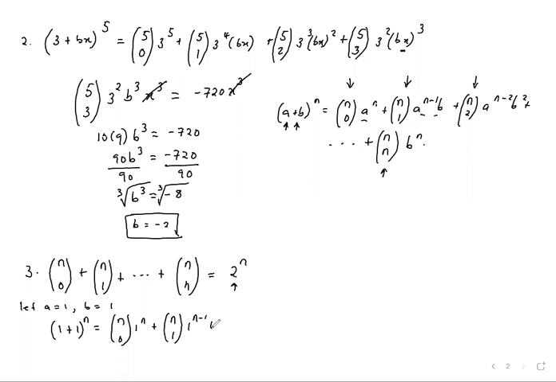Now it's not nice writing 1 to the power n, because 1 to any power, even if you don't know the power, is 1. And 1 multiplied by anything is that thing. So you really just have n choose 2, and you keep going until you reach n choose n. But who doesn't know that 1 plus 1 is 2?